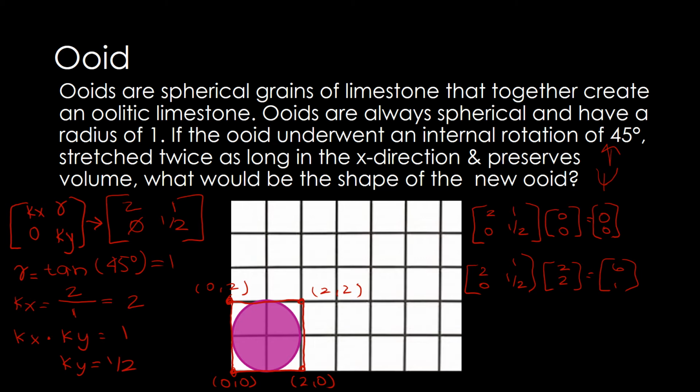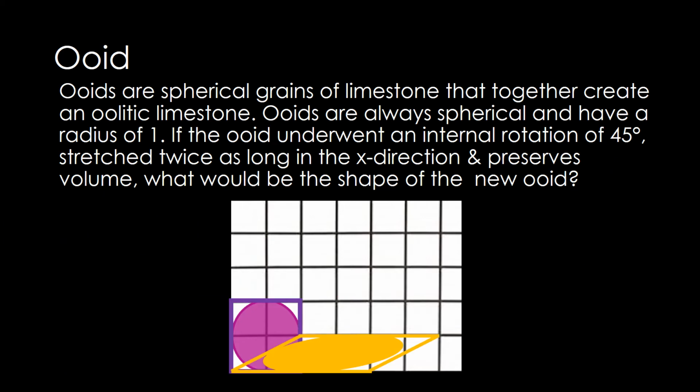And you can do the rest. After completing all the deformation matrices times the original points, we see that our new ooid looks something like this. And the axes that were once like this have switched to look like that.